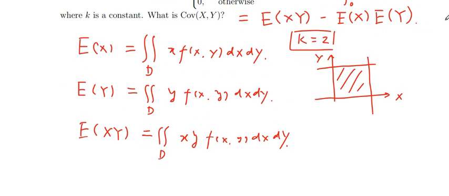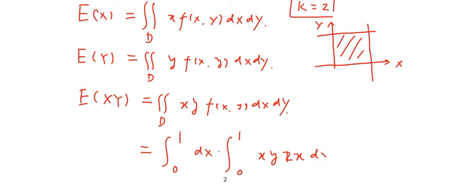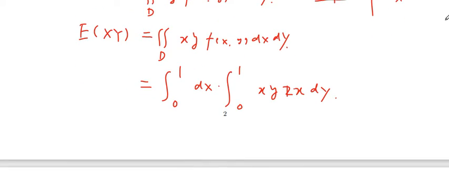By now those integrations are really easy, right? So for example, find this. We say x equals 0 to 1 dx, and then y is also 0 to 1. So kf(x,y) is kx, which is 2x, dy. This integration is very easy.